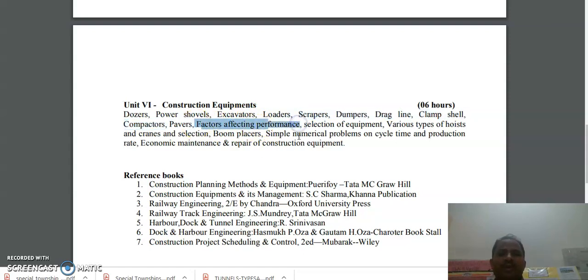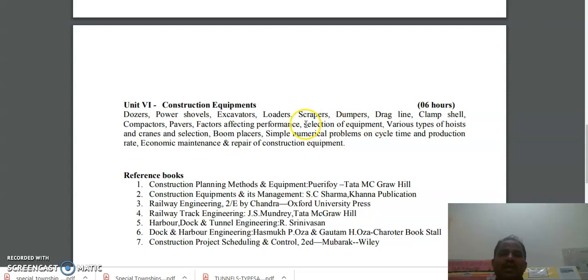Performance will be dependent on many factors such as the age of equipment, then make of the equipment, the site conditions, and some other factors are also there. Selection of equipment, we should select equipment based on our need and its affordability. We cannot hire big equipments for smaller works.